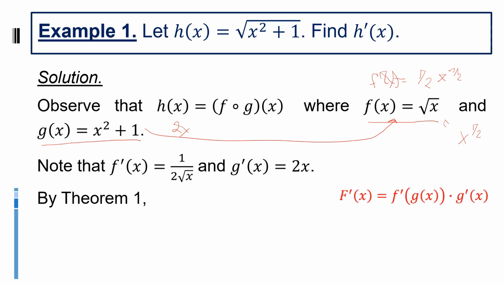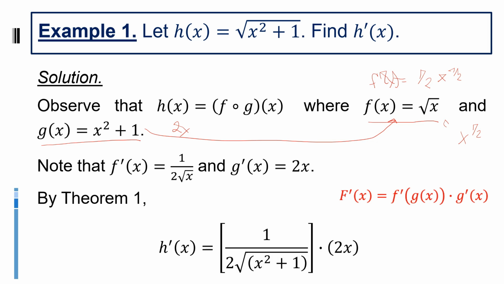Now, by theorem 1, ano yung sinasabi ng theorem 1 natin? Capital F prime of x is equal to f prime of g of x times g prime of x. So, yung capital F natin dito is actually h. Then, h prime of x now is equal to, okay, f prime. Ito yon, f prime of g of x.